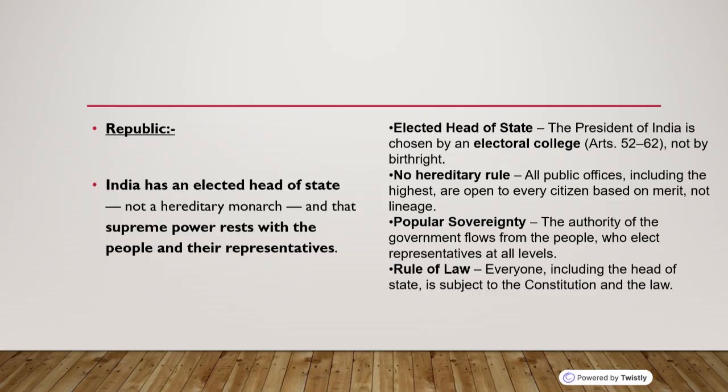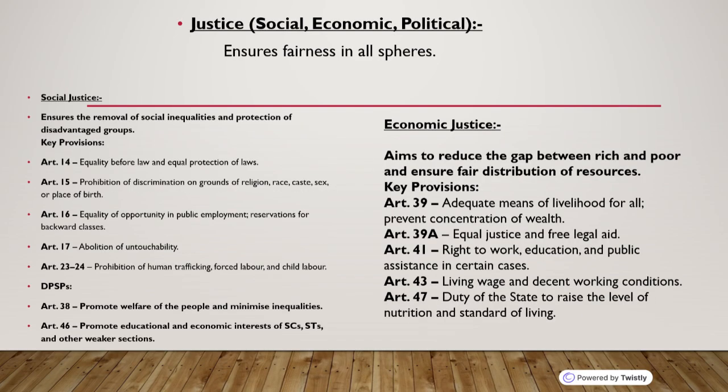But in India, we elect our head of the state through an electoral college. We elect MLAs and MPs, and they elect the President of India on our behalf. So there is no hereditary rule in India. Justice, social, economic, political.